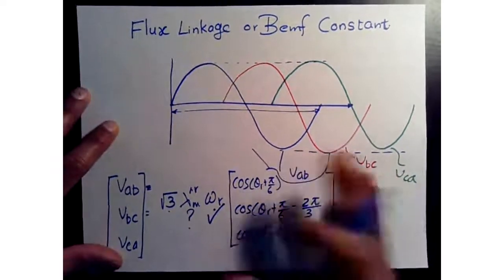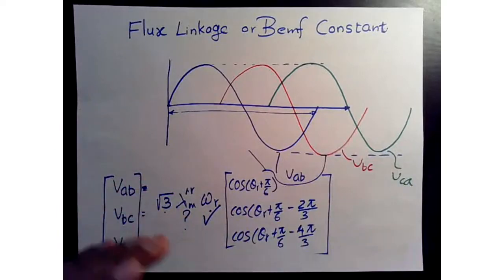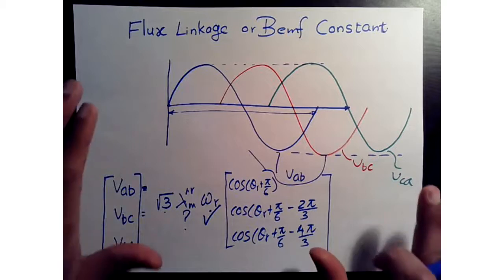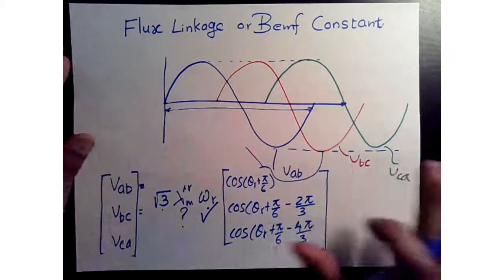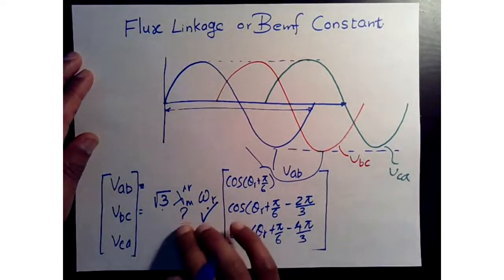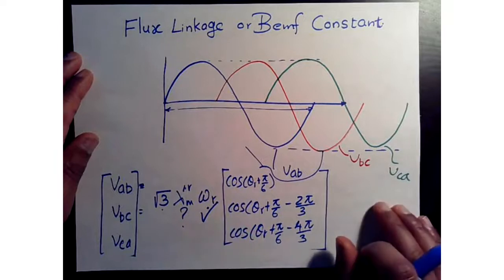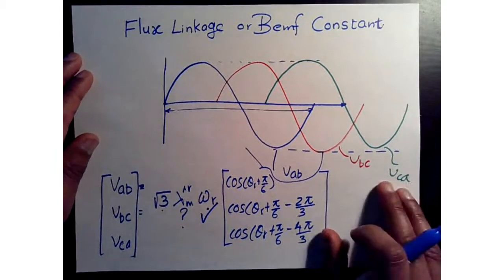For nonlinear operation, you can characterize to more extent and come up with these nonlinear curves for magnetic properties, and that's a little bit more outside the scope of our discussion here. This is a very simple way of coming up with that linear value, lambda m prime r. So we have our flux linkage or the back EMF constant for the permanent magnet synchronous machine this way.